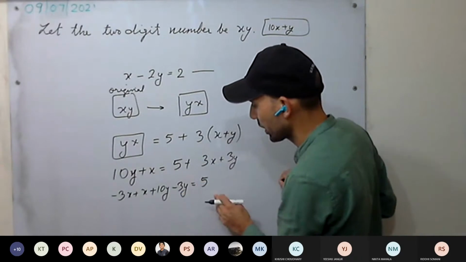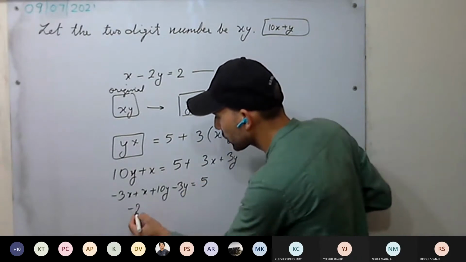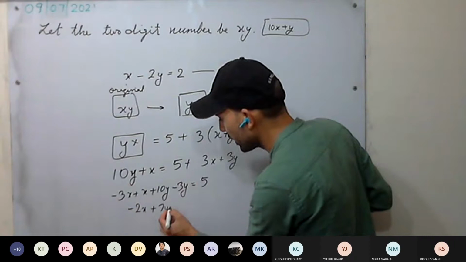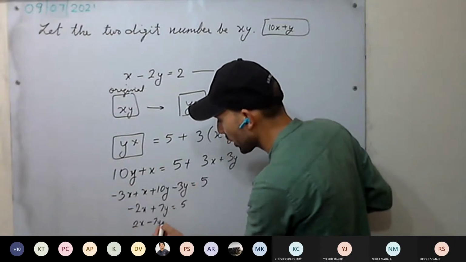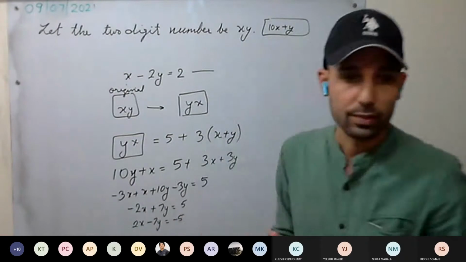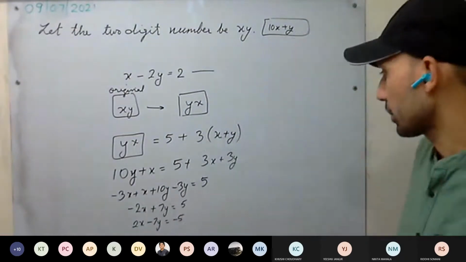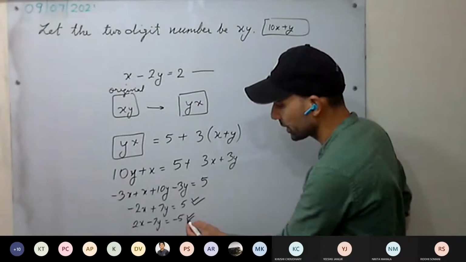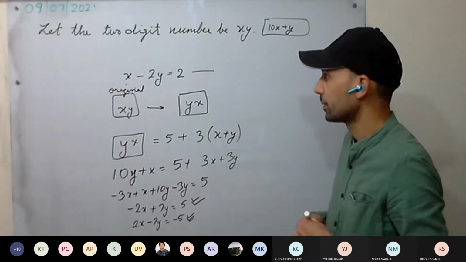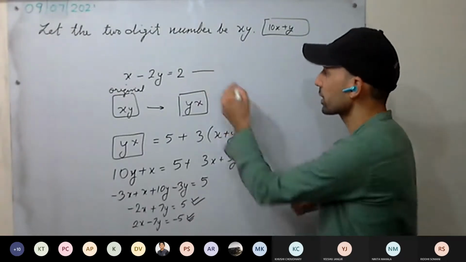So minus 2x plus 7y equal to 5. Or if you want to convert it to 2x minus 7y equal to minus 5. That's up to you. You can consider either as the second equation. Solve these two equations.